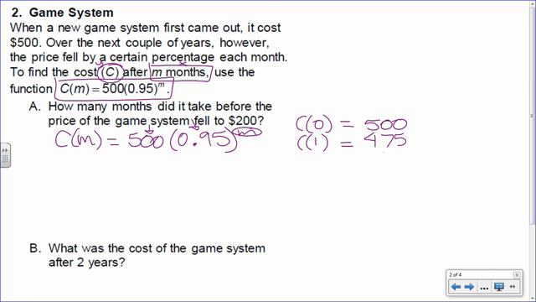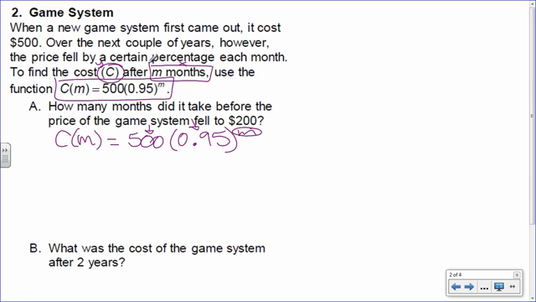And so now multiply 475 times 0.95. 451. You see, so every month the game will depreciate in value.